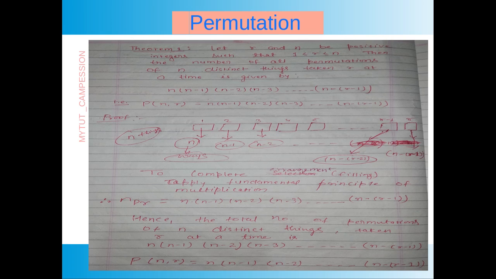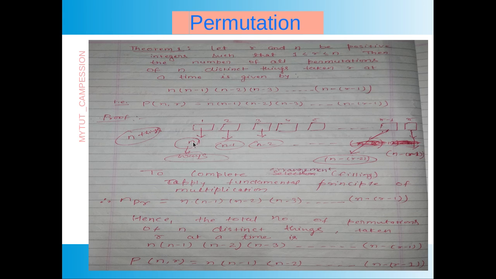For the proof, take an arrangement of positions 1, 2, 3, 4 up to the rth term. We have n things and arrangement is possible up to r. So we have r boxes and an arrangement of n things.